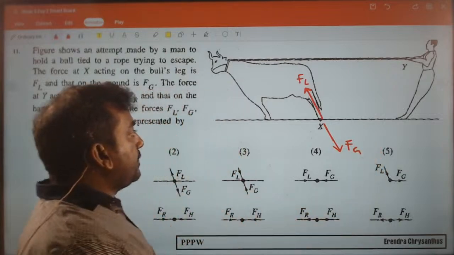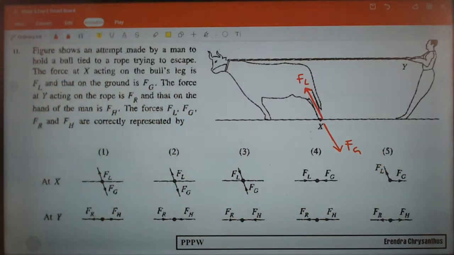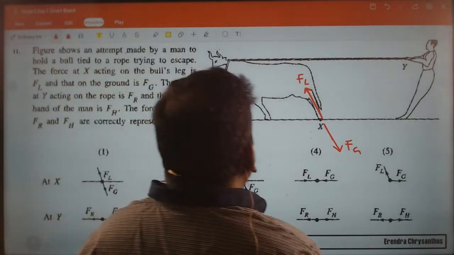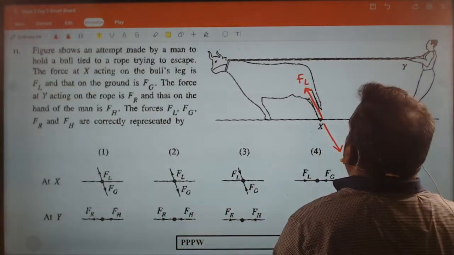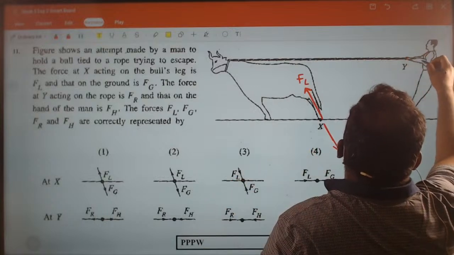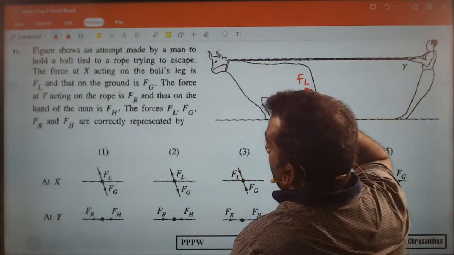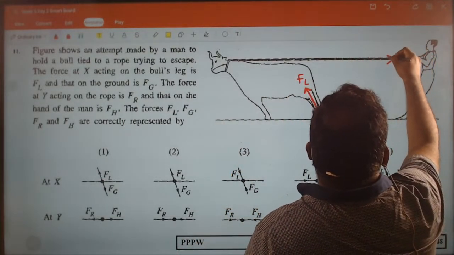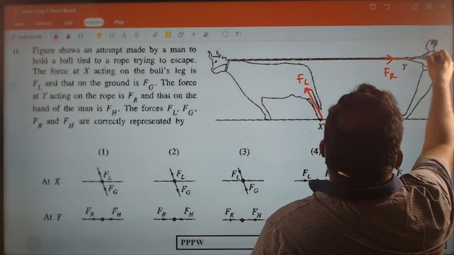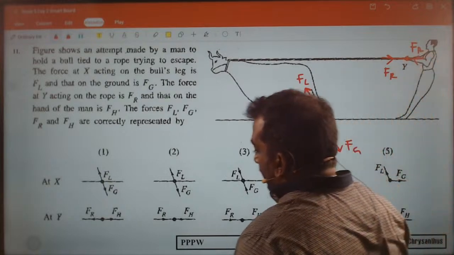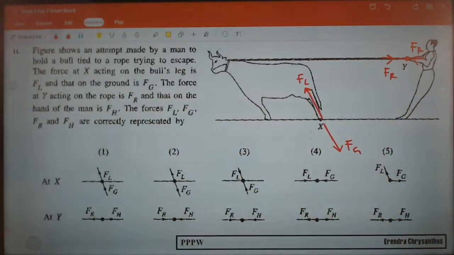The force at Y acting on the rope is Fr and on the hand is Fh. So the man is pulling the rope backward, the rope is pulling the man forward. So on the rope, Fr, on the hand, Fh.